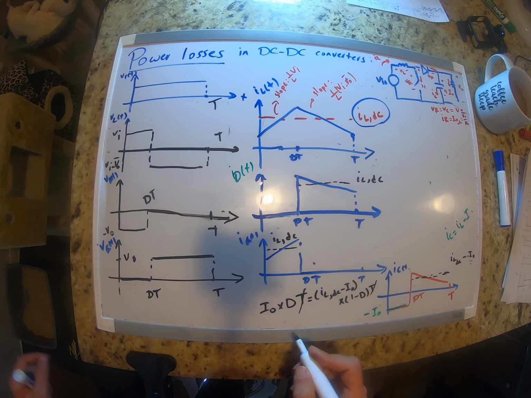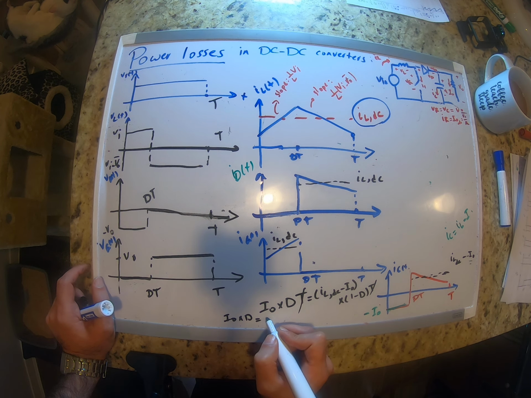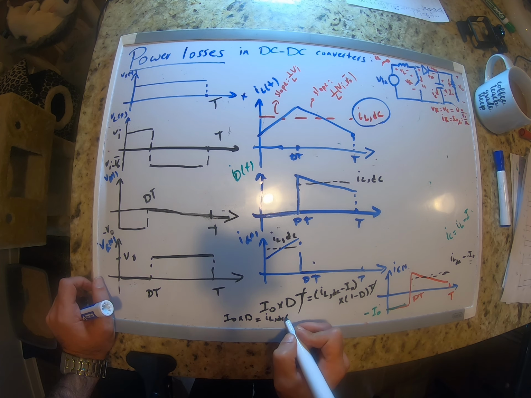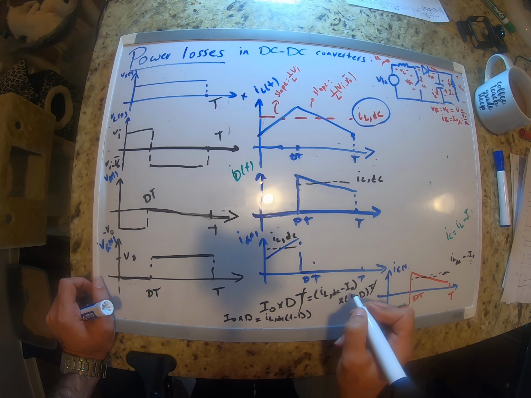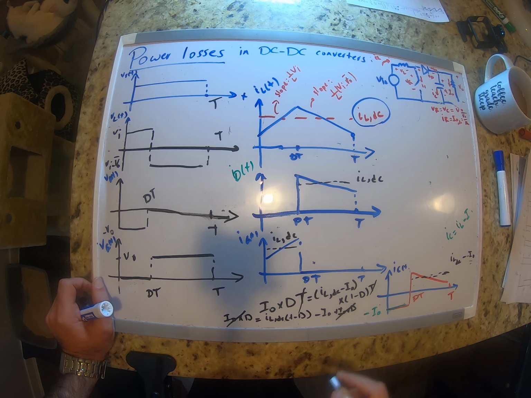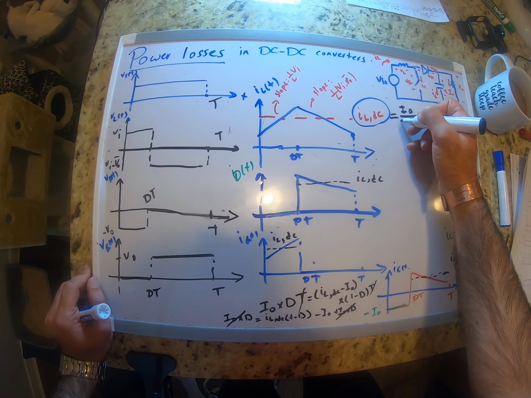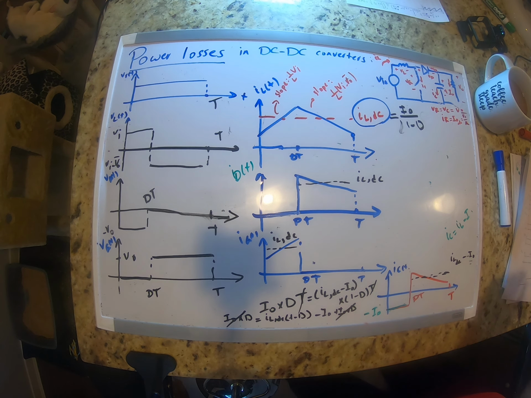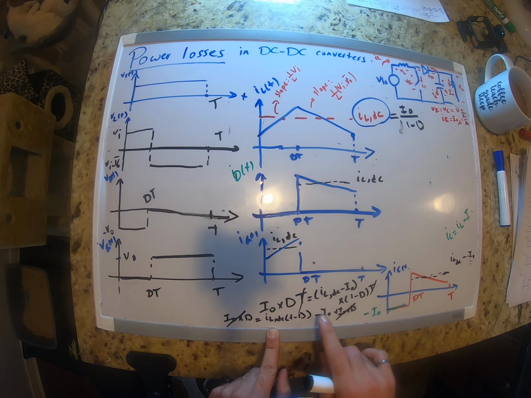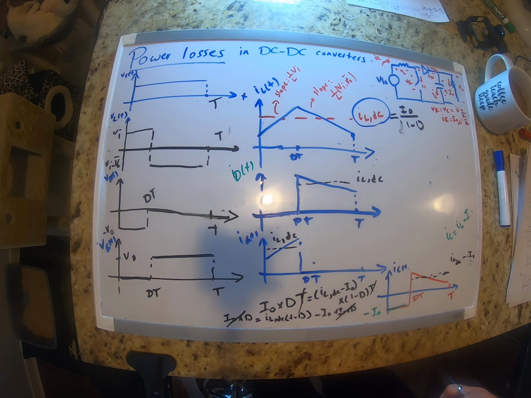Okay, the T's cancel out, and then I have IO times D is equal to ILDC times (1 minus D) minus IO plus IO times D. These cancel out, and we find that ILDC is actually IO divided by 1 minus D. Did I make a mistake here?